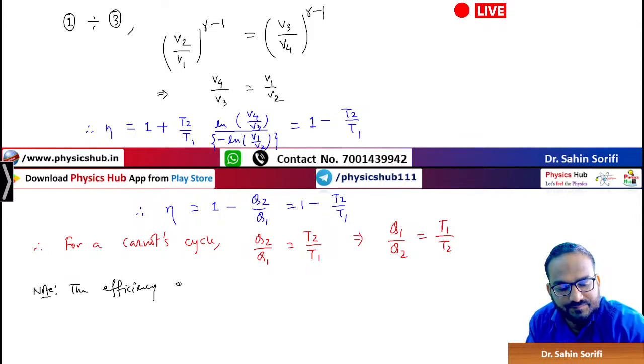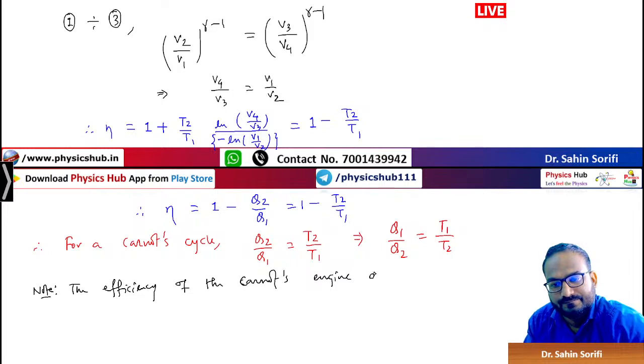The efficiency of the Carnot's engine does not depend on the working substance.